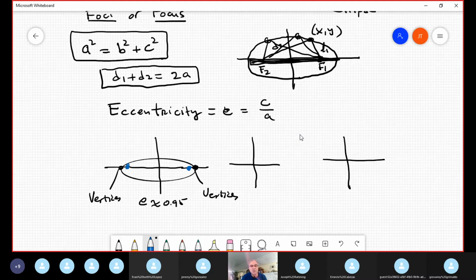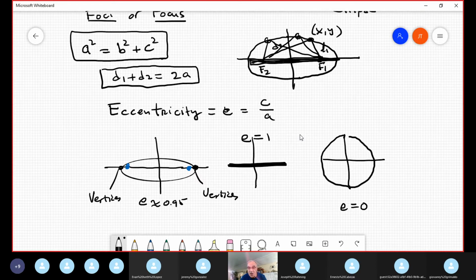And suppose we see eccentricity 1. Boom. This degenerates to a line like that. The ellipse is completely flat when the eccentricity is 1. However, when the eccentricity is 0, wow, this gives me the idea that my ellipse is completely a circle.